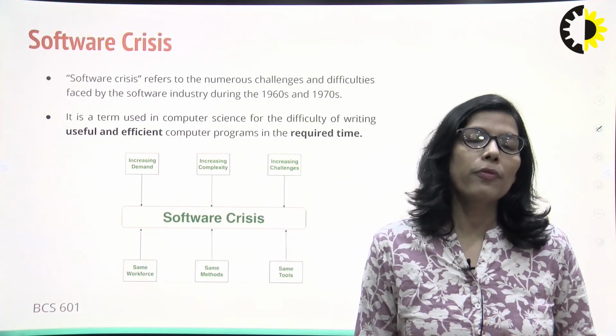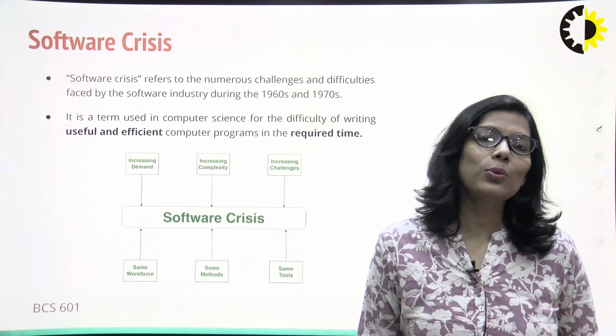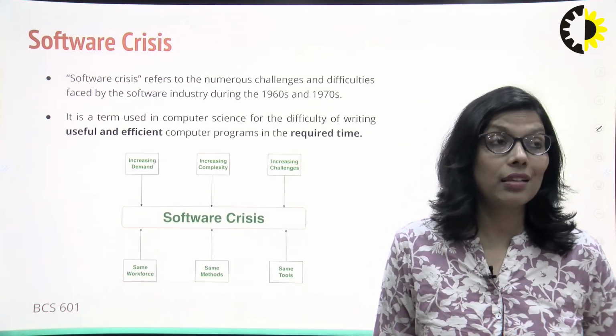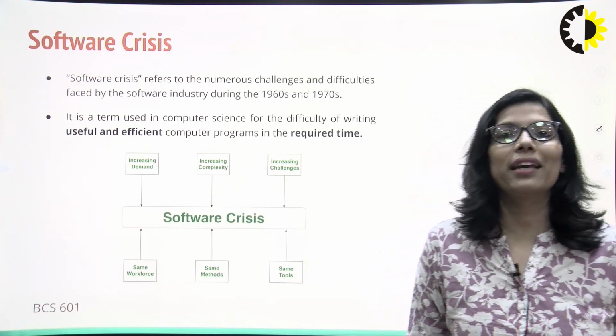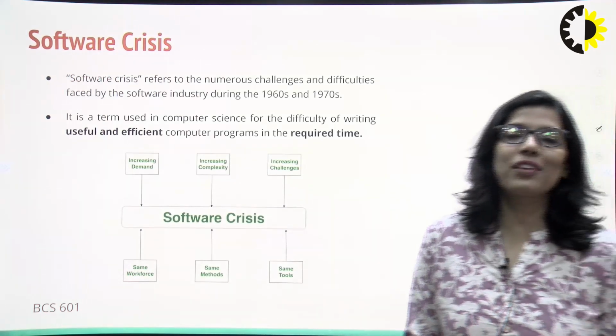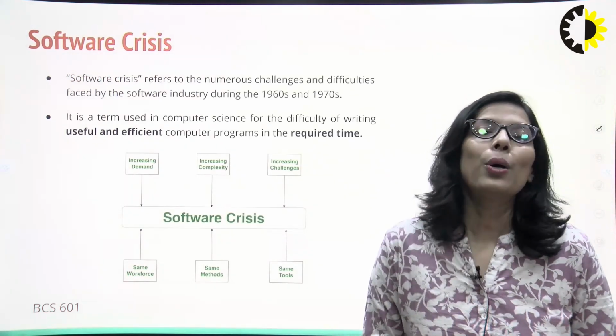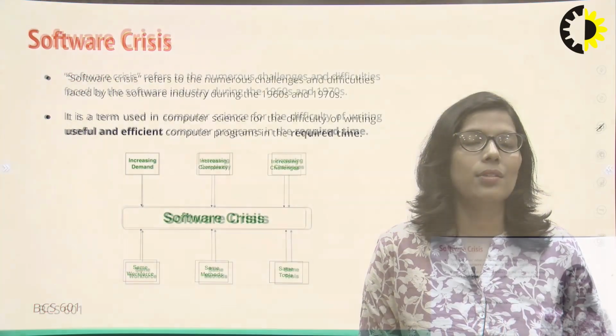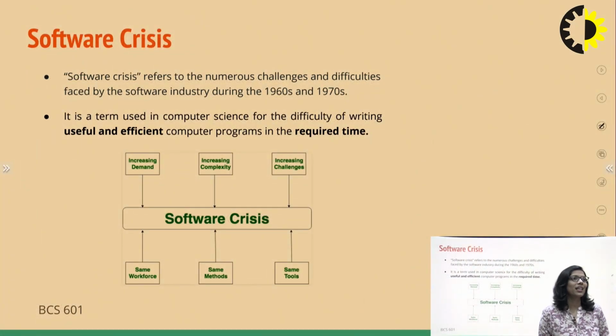Now, before beginning the course, I would like to emphasize why we are learning this course. To begin with, the simple reason could be that since we are becoming software engineers, we will be studying software engineering. But the reason is more.